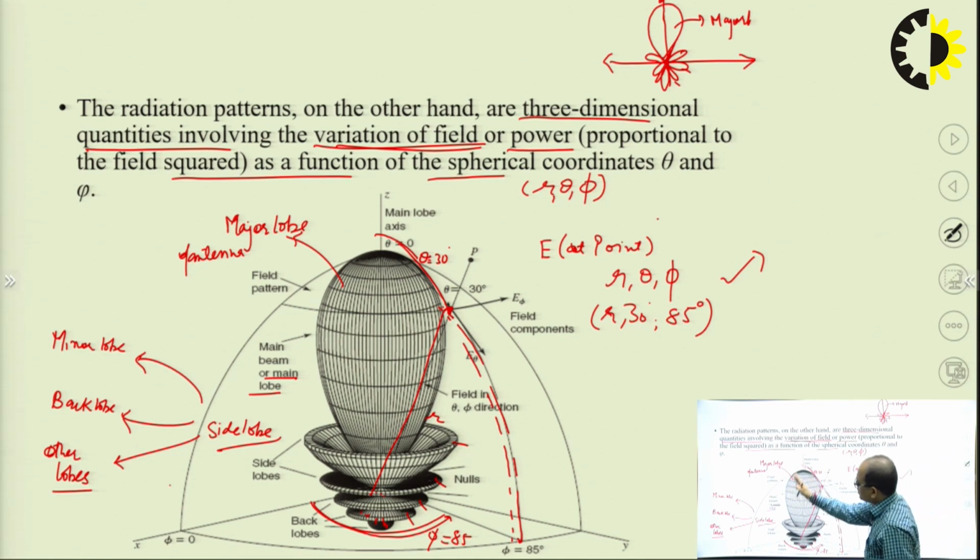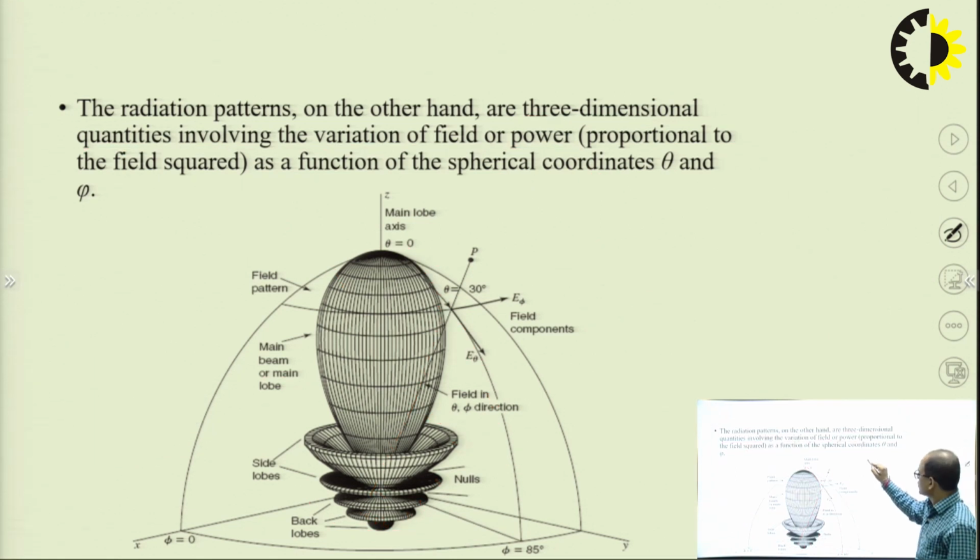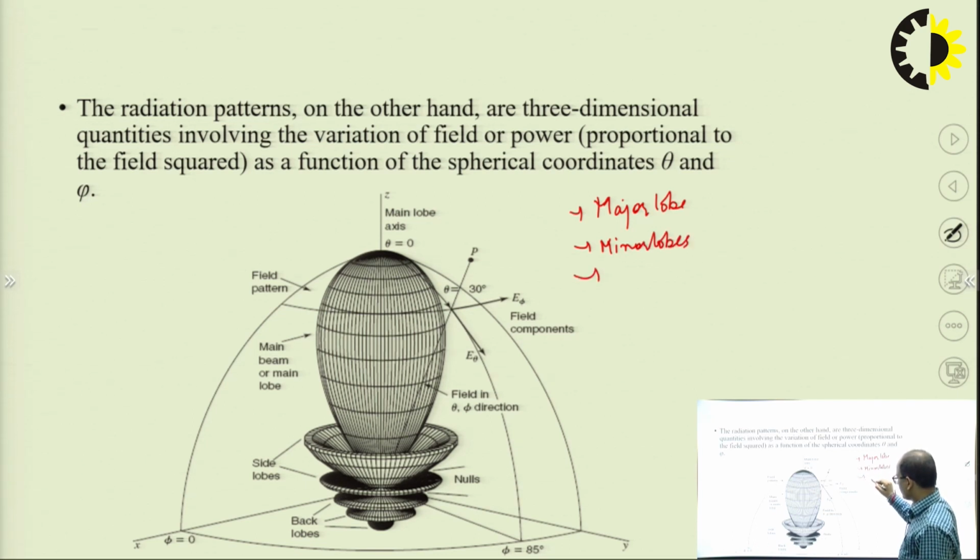So this is the radiation pattern. The radiation pattern has some parameters. In this we can determine the major lobe, minor lobes, and back lobe, or you can say side lobes.